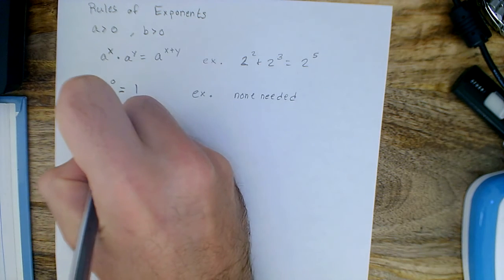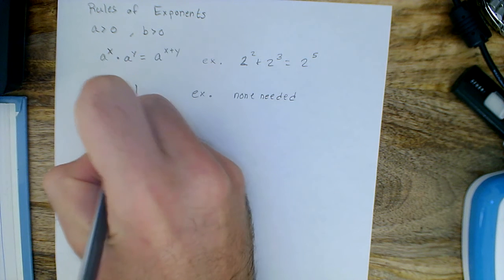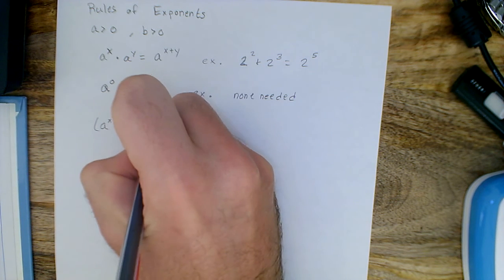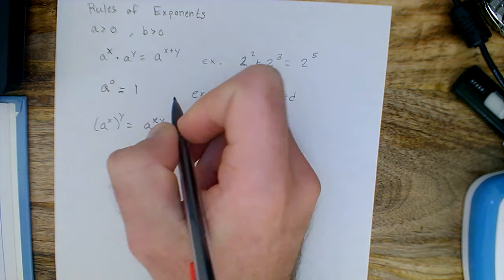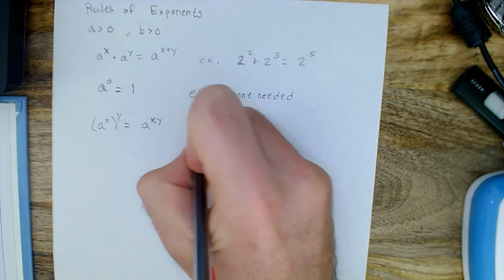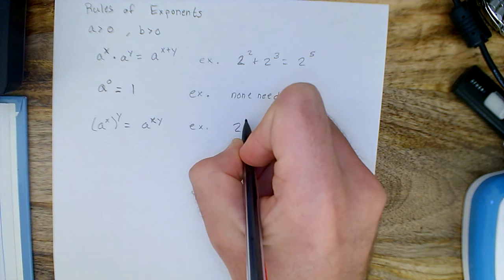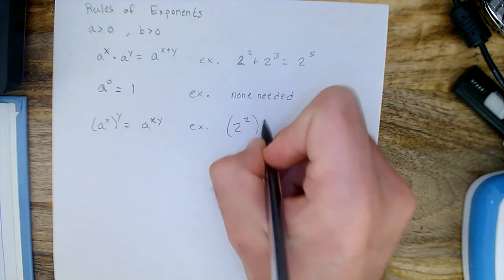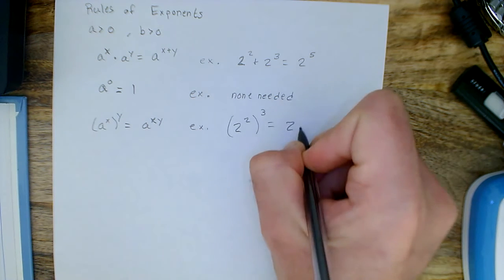Alright? The rule I was just talking about, a to the x to the y is equal to a to the x times y. An example here would be like 2 squared cubed is equal to 2 to the sixth.